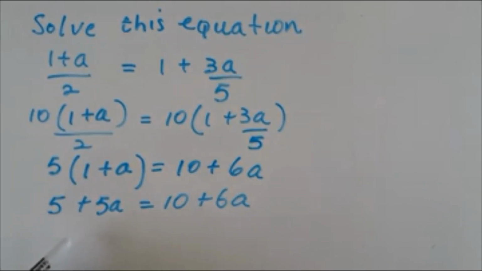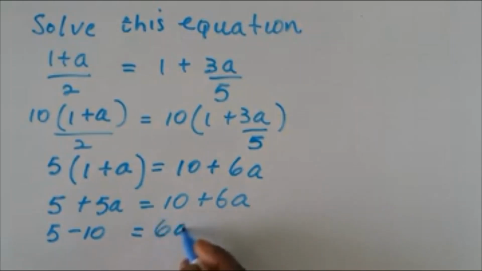Next, if we add negative 10 to both sides, we'll get rid of the 10 here and it'll be on this side, so we have 5 minus 10. And if we add negative 5a to both sides, we get rid of it from the left hand side and it becomes 6a minus 5a.